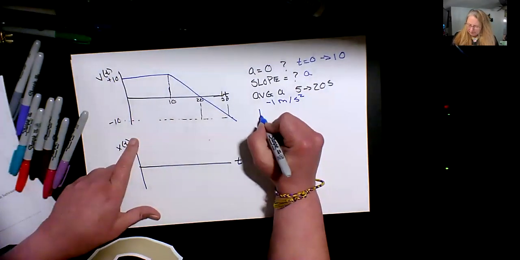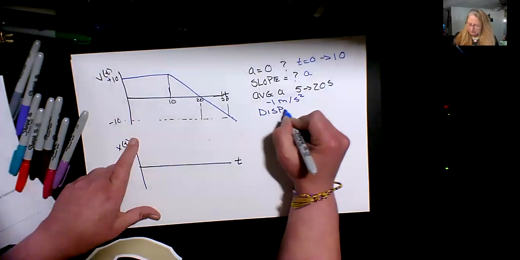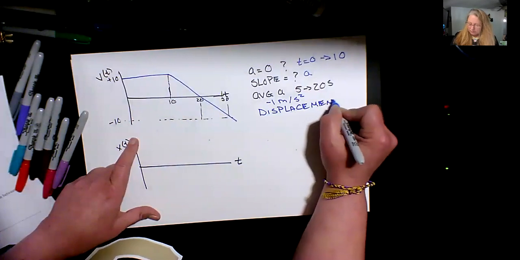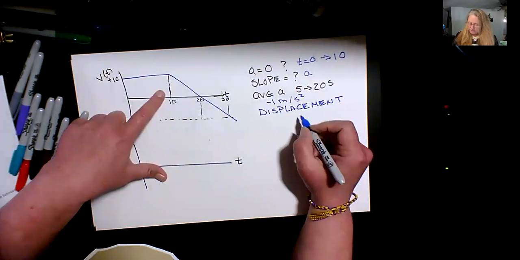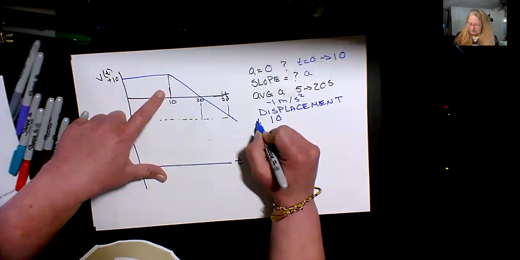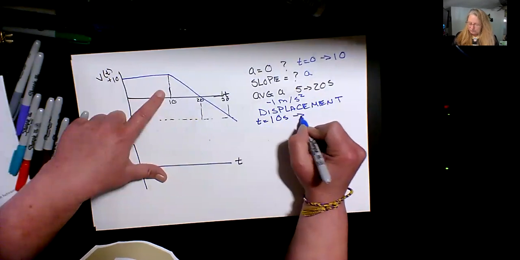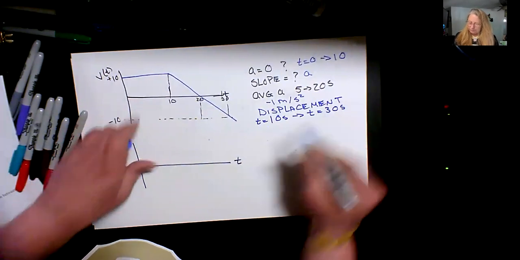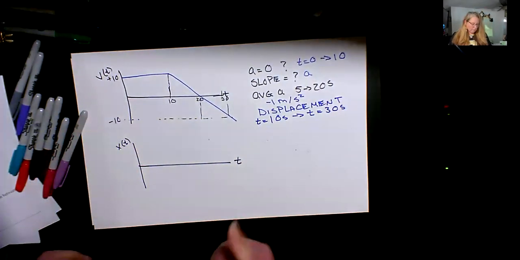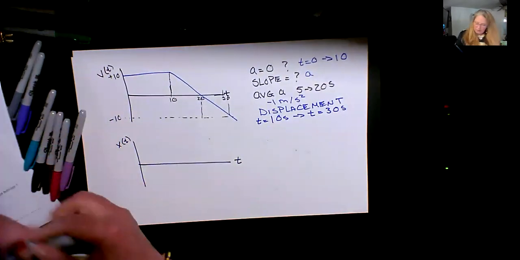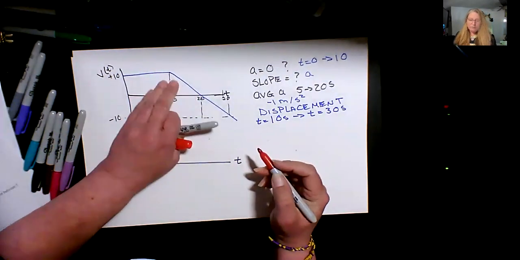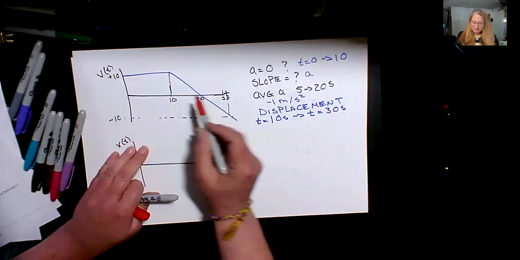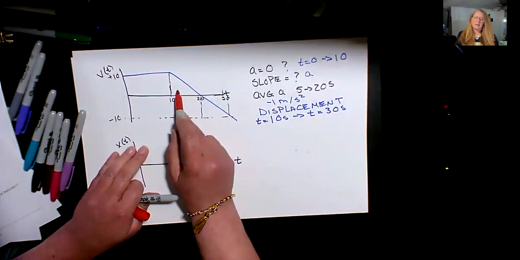What about the average displacement then? Displacement from t equals 10 seconds to t equals 30 seconds. I reminded you in the previous video that the area under the curve, remember, this is meters per second times seconds.